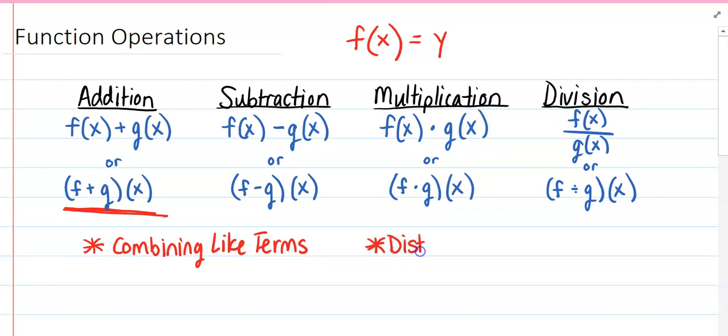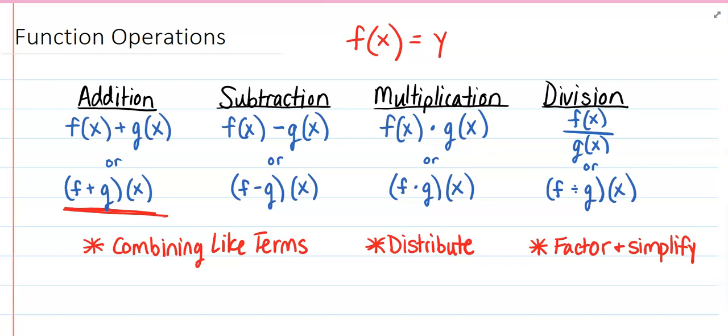So you'd have to distribute everything in parentheses to everything next to it. And then division's the only tricky one, because the only way you can actually simplify division is if you can factor the two functions and then divide one out. So factor and simplify. And I'll show you an example of each just so that you can recognize it.